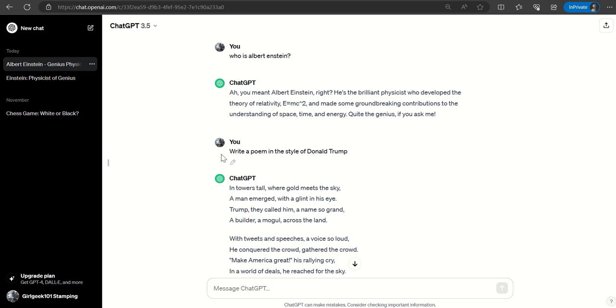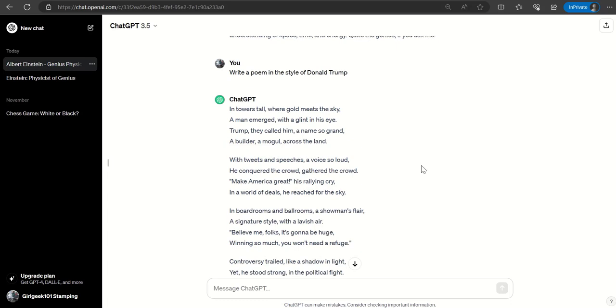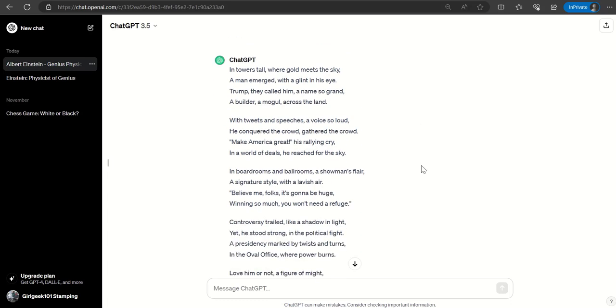The second thing I said was write a poem in the style of Donald Trump. Now I'm using a real person to style the content, right? And if you look at this response, notice the second paragraph of the poem says, with tweets and speeches, a voice so loud, he conquered the crowd, gathered the crowd.